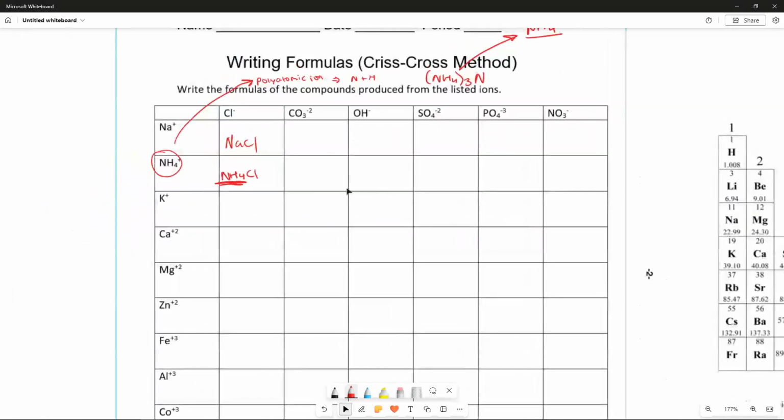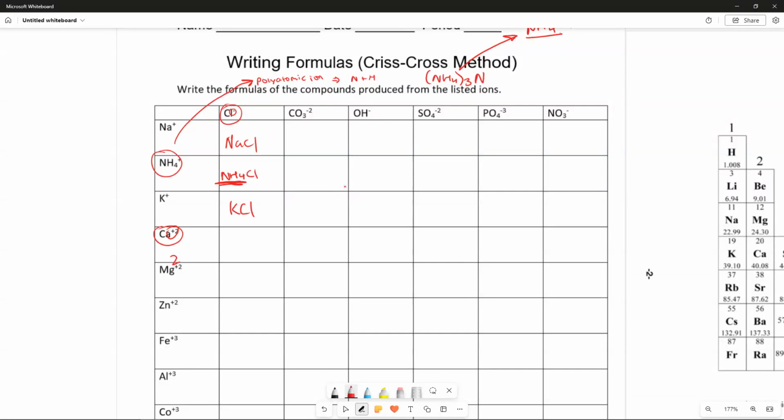Alright, so let's try potassium and chloride. So we have 1 plus, 1 minus here. So we know it's KCl, no parentheses, nothing, because none of these are polyatomic. So calcium 2 plus this time, and chlorine 1 minus. So we need 2 chlorines for every 1 calcium to cancel off these charges and make it 0, right?